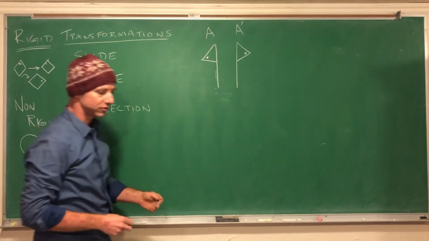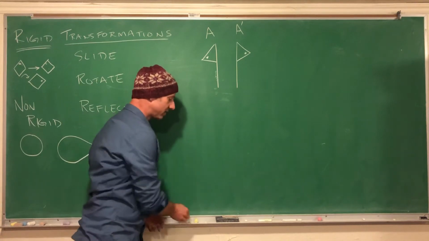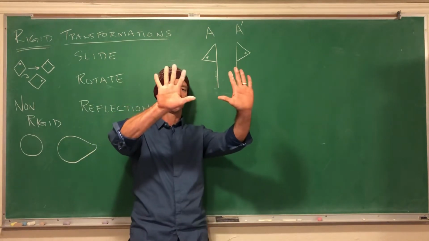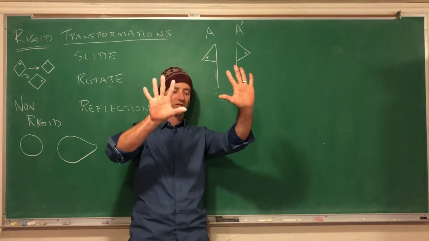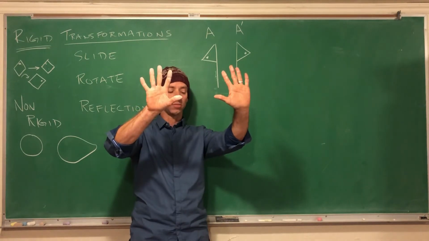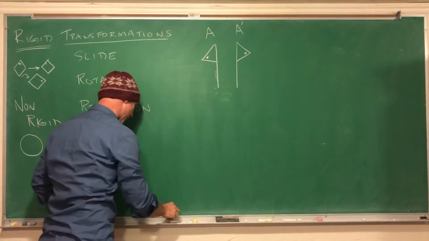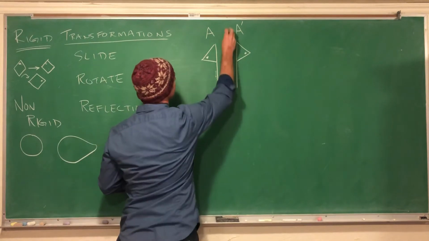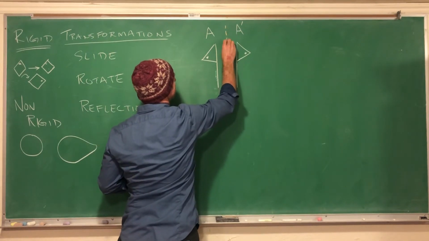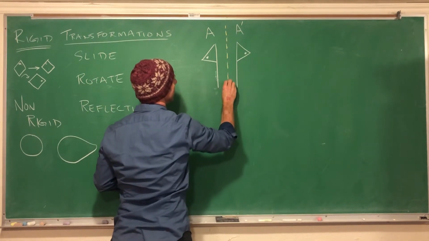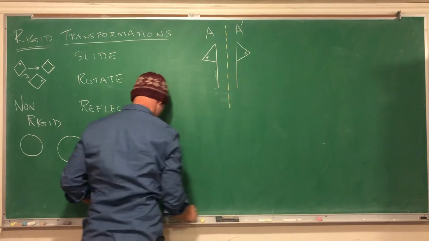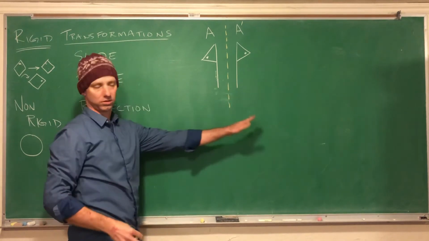Now, hopefully you said, hey, that was just like your hands, where there's a plane of reflection or a line of reflection right between them. So that's right. So right here, this is where the mirror would go.